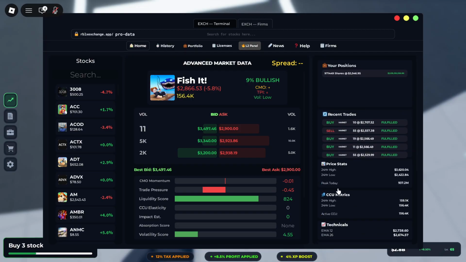Right? It also tells you the CCU, which means the concurrent users that are playing the game. It will tell you the highs, and this also could be a form of telling whether a stock is going to go up or down. So if you see the CCU, or the active CCU at the bottom here, going down away from the high, it's most likely going to drop instead of continue going up.